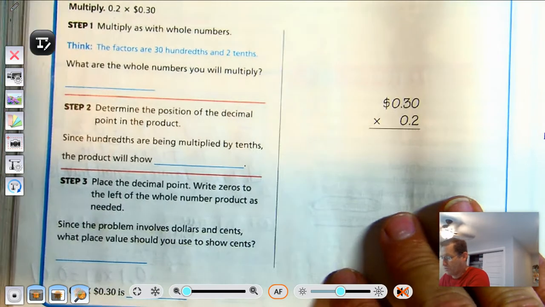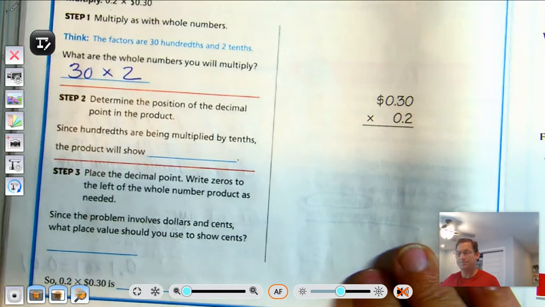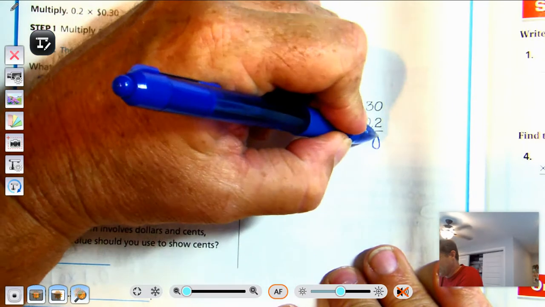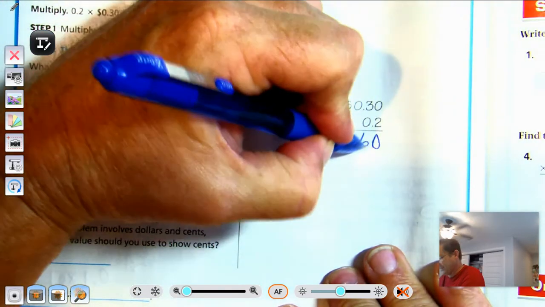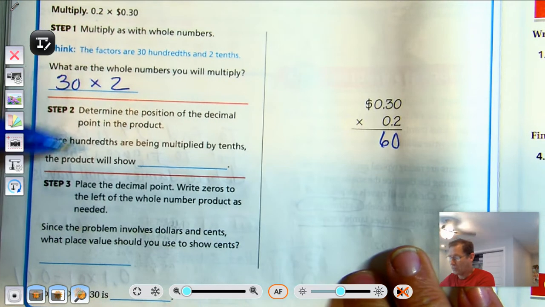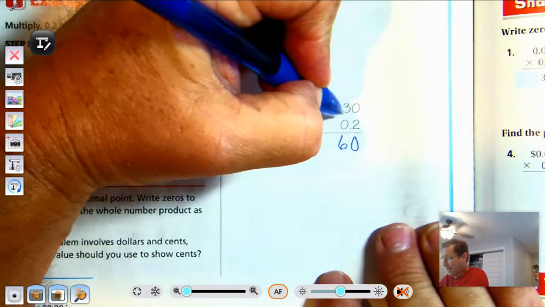Okay, and what are the whole numbers you'll multiply? 30 times 2, which is 60. 2 times 0 is 0, and 2 times 3 is 6. So we have 60. Now we have to decide the position of the decimal point.